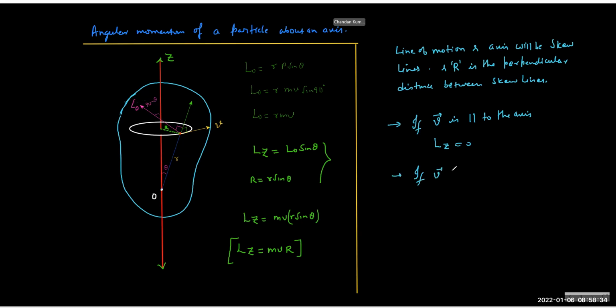If the line of motion intersects the given axis, then again the angular momentum will be zero because the R is zero now. So in both the cases, if you see the situation like this, you can say clearly that there is no question of angular momentum about the axis, and you may argue why.